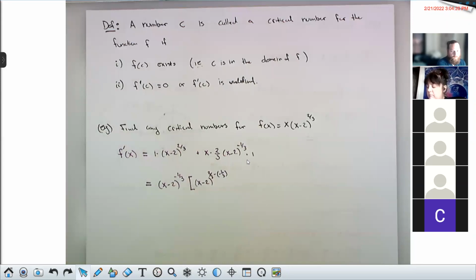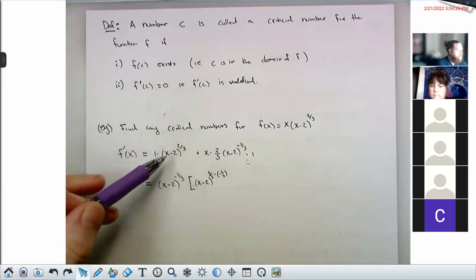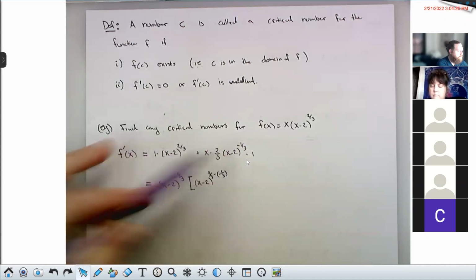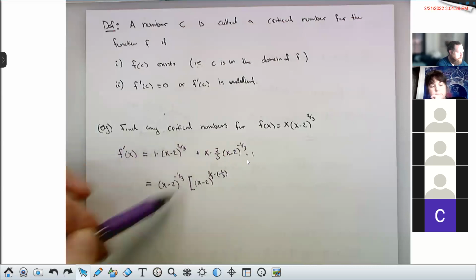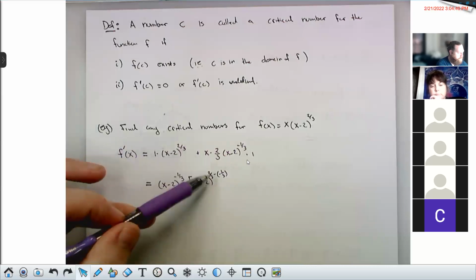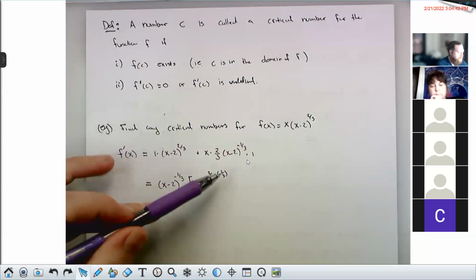I'm factoring out x minus 2 to the negative 1/3, so I'm dividing both of these terms by it. When you divide like bases, you subtract the powers. So that's x minus 2 to the 2/3 minus negative 1/3.